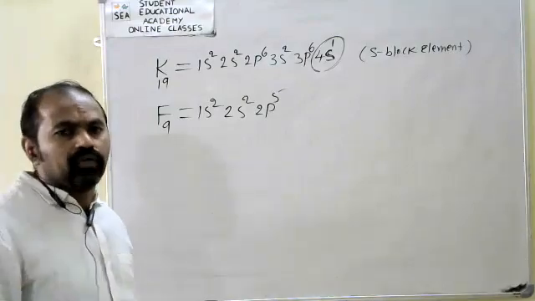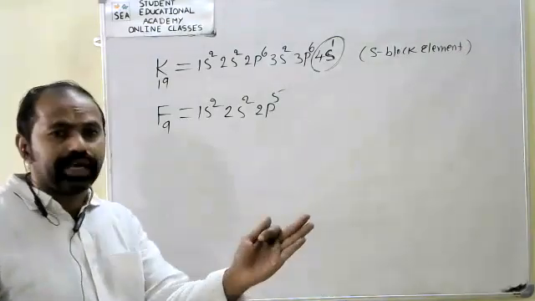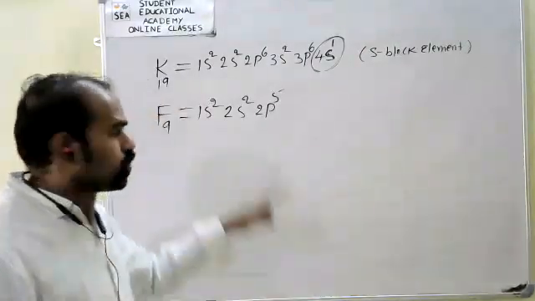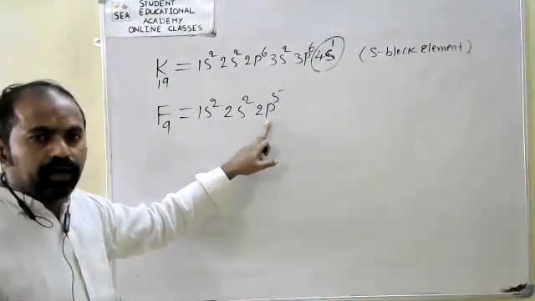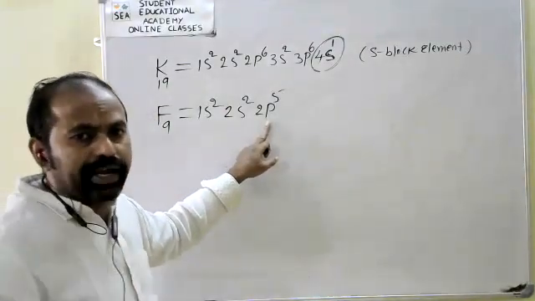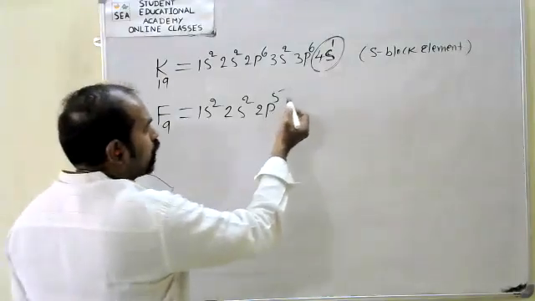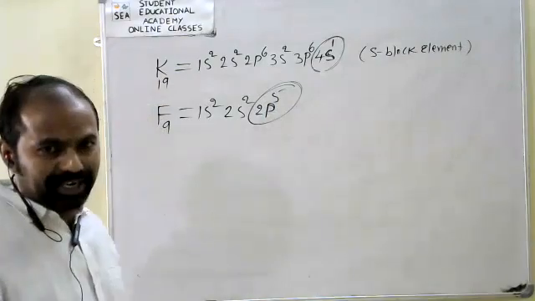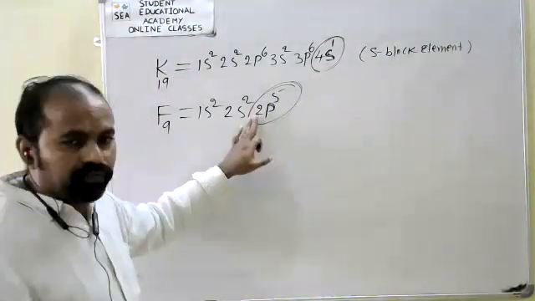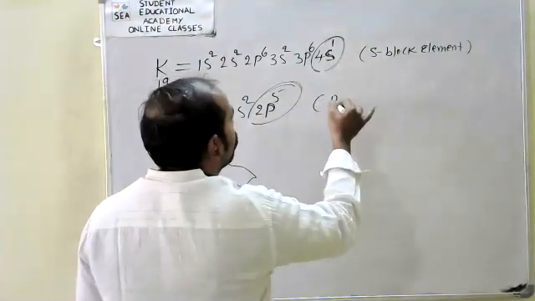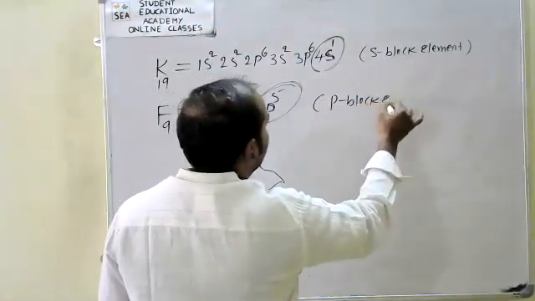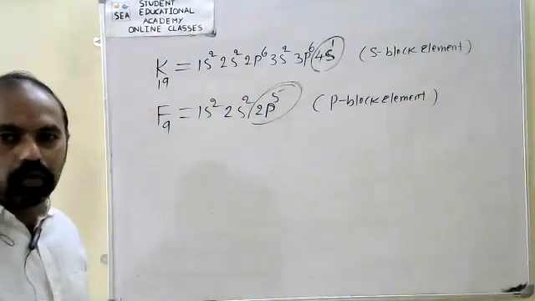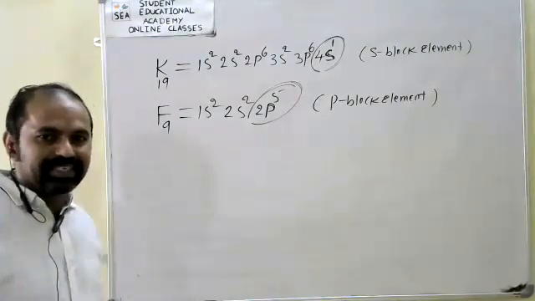According to the rules, electrons are filled from lowest energy orbital to highest energy, in increasing order. So 1s2, 2s2, 2p5. Now the last electron entered into which subshell? The P subshell. So fluorine belongs to the P block element.